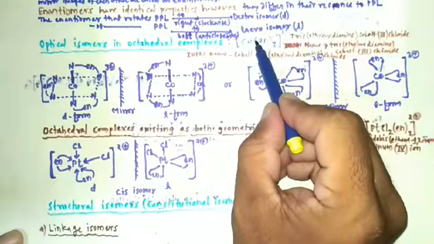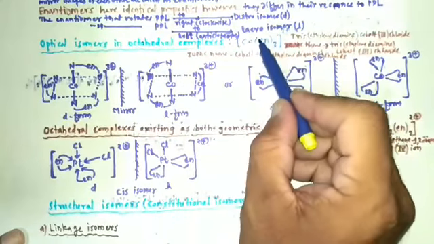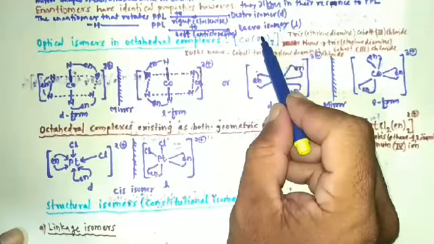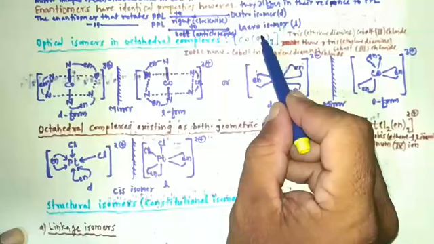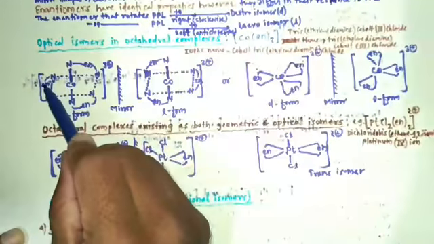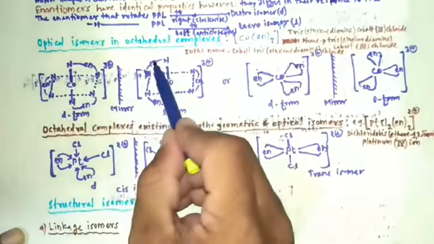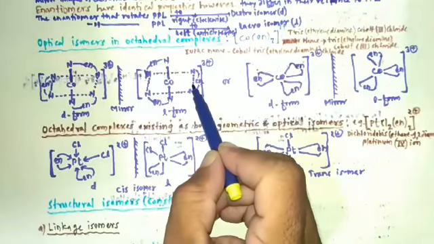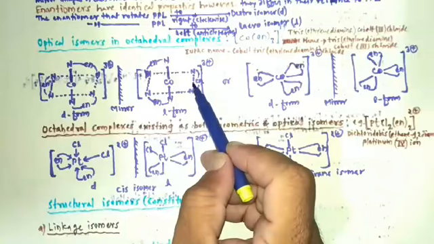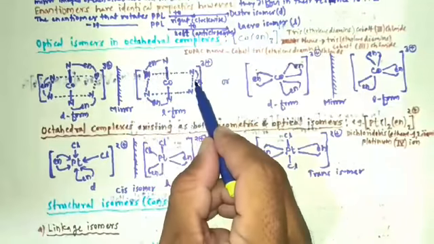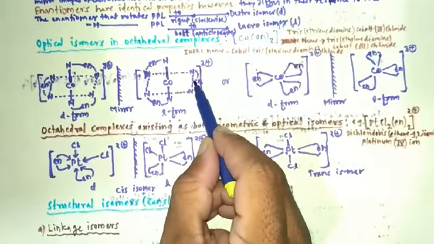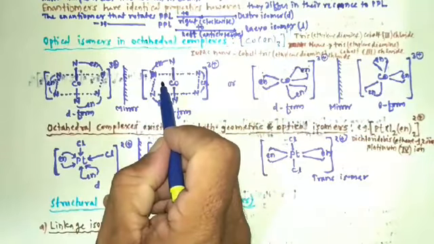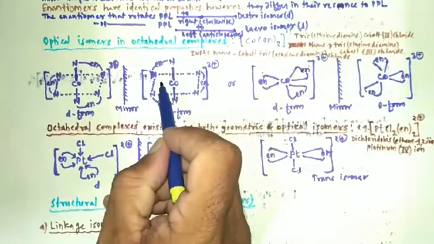Consider this complex. In this complex, three symmetrical bidentate chelating ligands, that is ethylene diamine (en), are coordinated to the central metal atom.